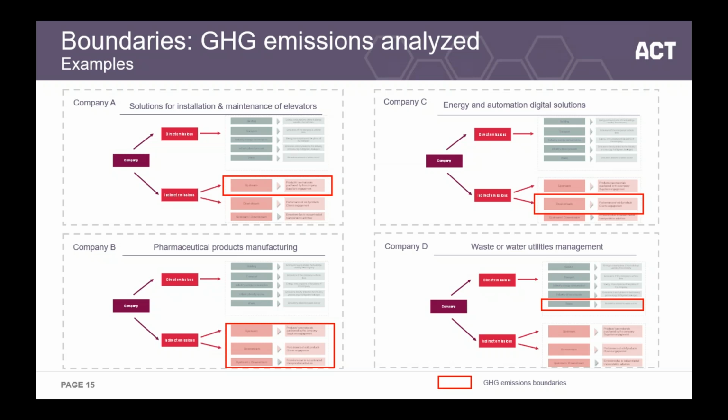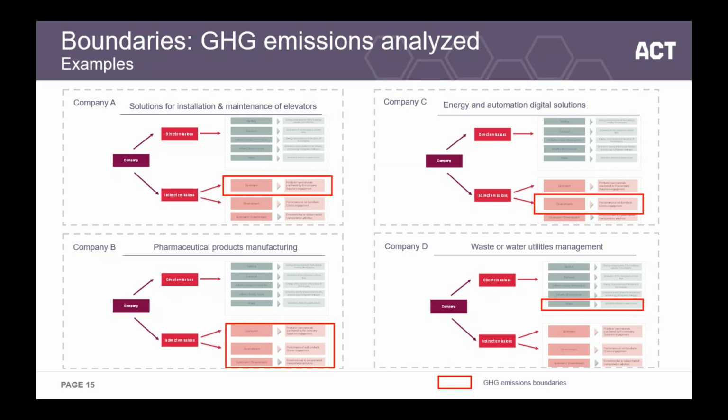If we consider company C, which is an energy and automation digital solution, clearly the most important challenge is the use phase of the product, and we will focus on this. And if we consider a waste or water utilities management company, the emission sources will be more related to waste management, and so we will focus on direct emission on this specific topic.